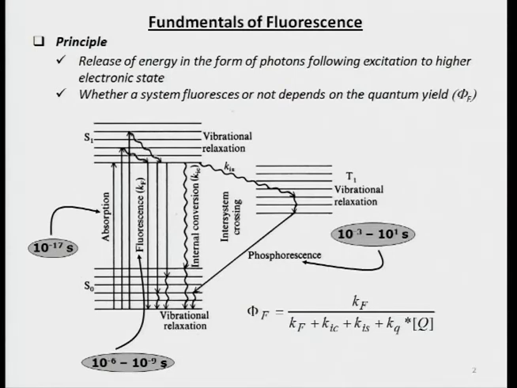So the majority of molecules typically reside on the lowest vibrational level of the lowest electronic state, which is the ground state. When we shine light of the appropriate wavelength, these molecules can undergo excitation.